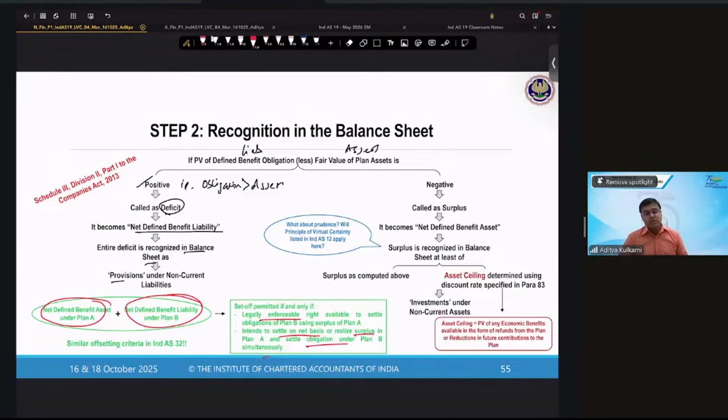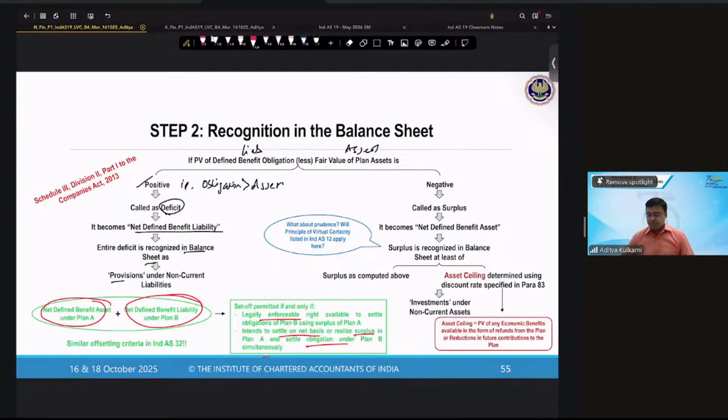If only these two conditions exist, only then you can do net setting. Otherwise, plan B liability will be shown as a provision. Plan A surplus will be shown as a non-current asset. Are we okay with this?